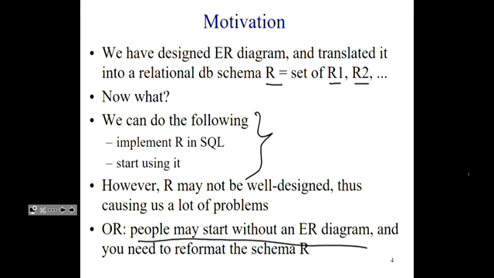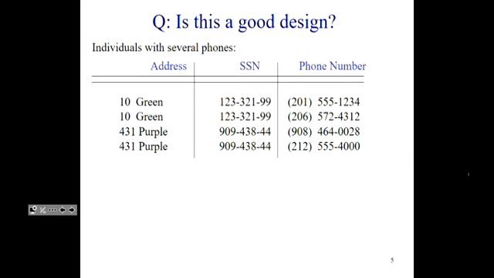People just do something without thinking about it, and then you have to fix the mistakes later. So for two reasons. First, the schema that you might get after ER diagram translation may not be well designed. And the second case is because people may start without an ER diagram, and therefore you need to reformat it. Okay, so either way you need to improve the schema.